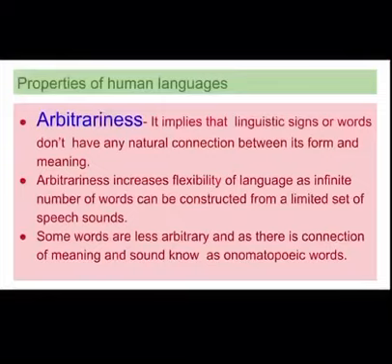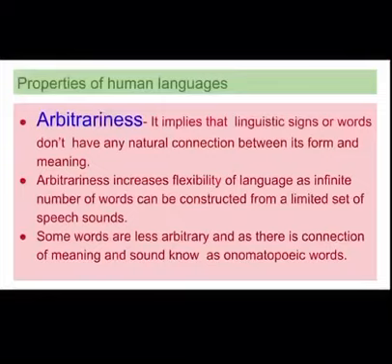For example, the word cup represents an object capable of holding liquid, which usually has a handle and is used by humans to drink. There is no particular reason why we should use the word symbol cup. The words are just an arbitrary set of symbols used to represent various meanings.